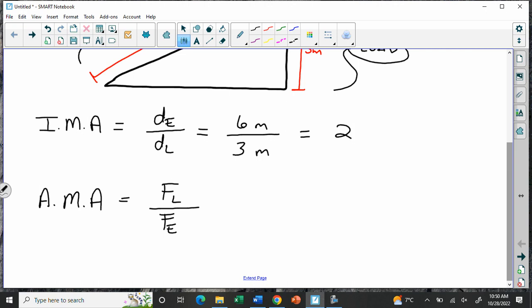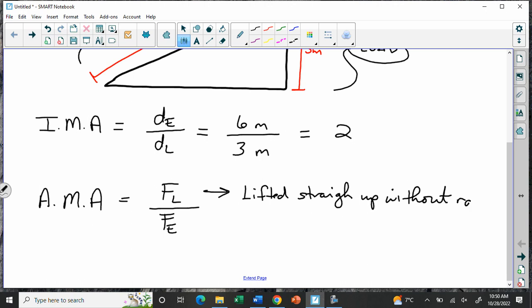So the load force would be, actually not an equal sign, I don't like that, let's put a little arrow, the force you would use if you lifted straight up without the ramp. That's how we define the load. The effort is the force used pushing up the ramp.